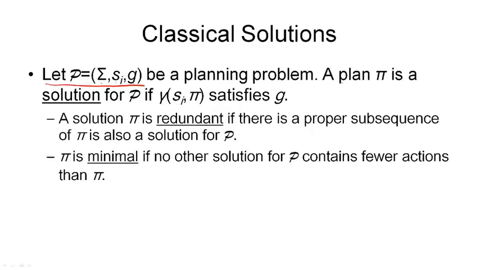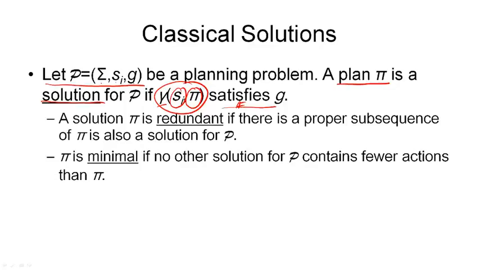Then we can say that a plan, pi, is a solution for this planning problem that we're given here, if the state transition function applied to the initial state of the planning problem and the plan that we're trying to execute in that problem gives us a new state, and that state satisfies the goal. So a plan is a solution if the execution of the plan leads us to a state in which the goal is satisfied.